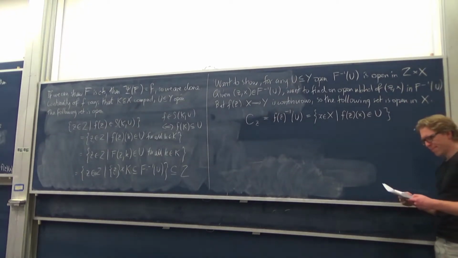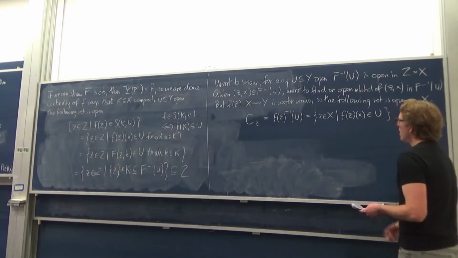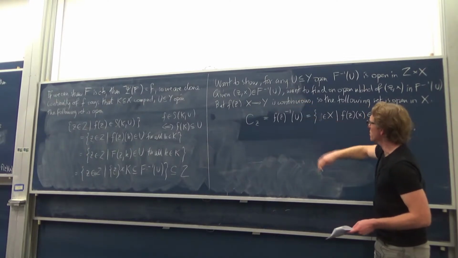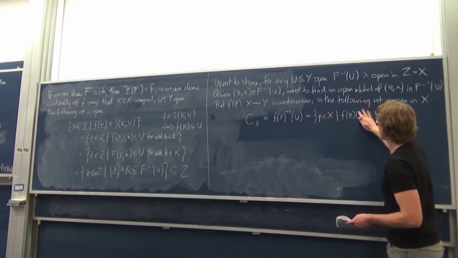All right, so that's open. Well, x is a bad letter, isn't it, because we've already used it, so let's use p.